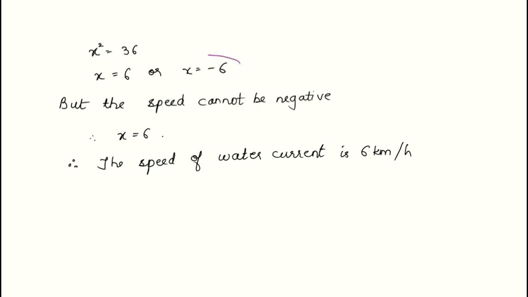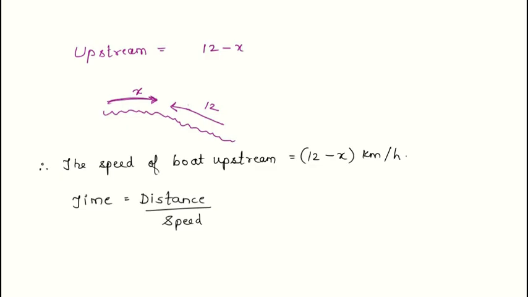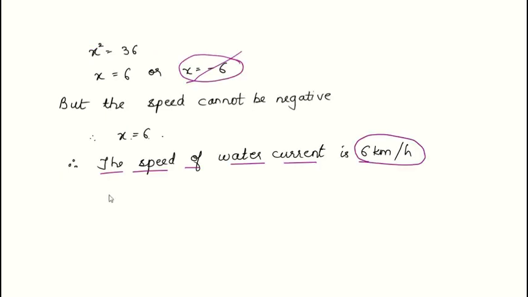Therefore x is equal to minus 6 is not acceptable, hence x is equal to 6. And what is x? It is the speed of the water current. Therefore the speed of water current is 6 km per hour. So it is what we have come to know, that it is very important to understand the question. Only understanding the question will help us solve the following question to get the correct answer.